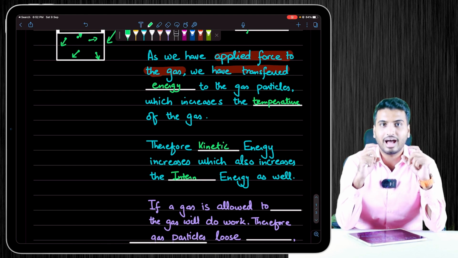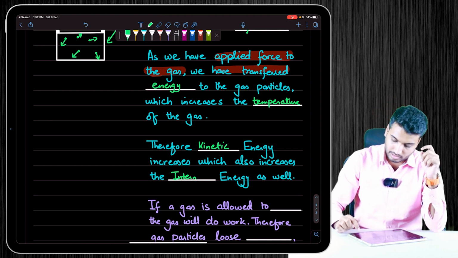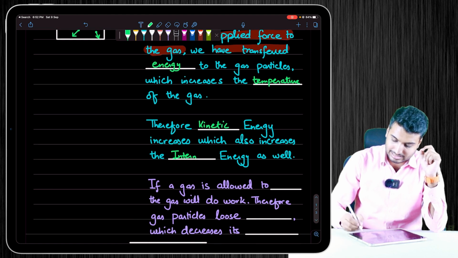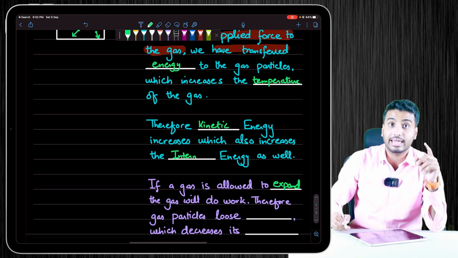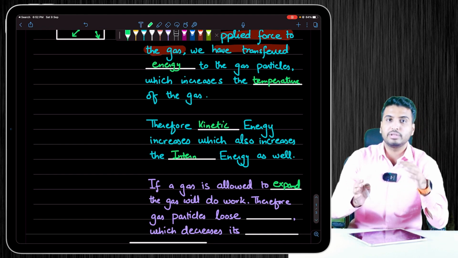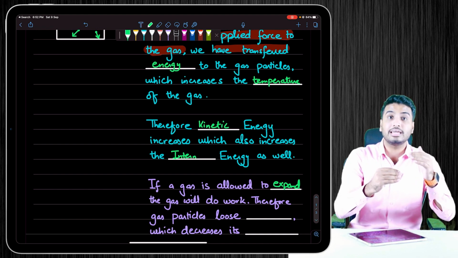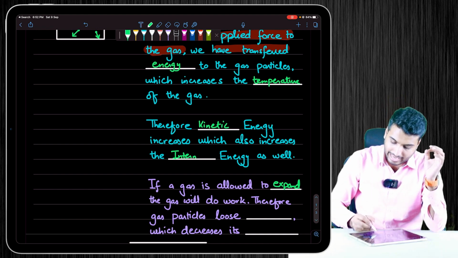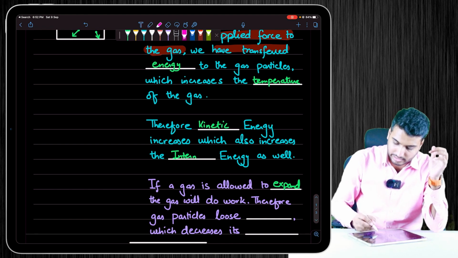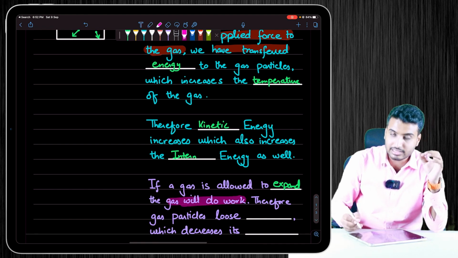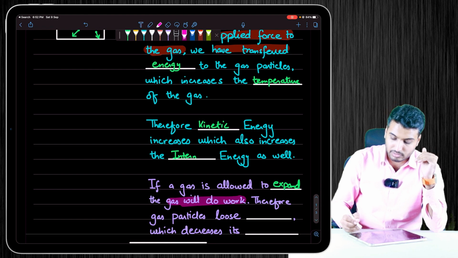if a gas is allowed to expand, in that scenario, the gas will do work. Previously, work was done on the gas. Now the gas is doing work. If it is allowed to expand, the gas will do work.